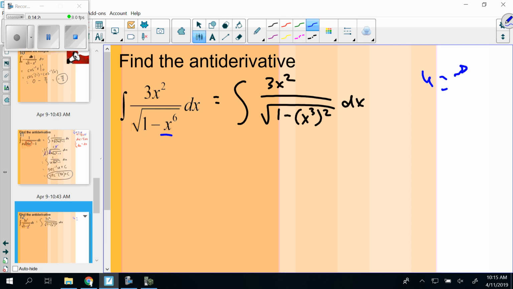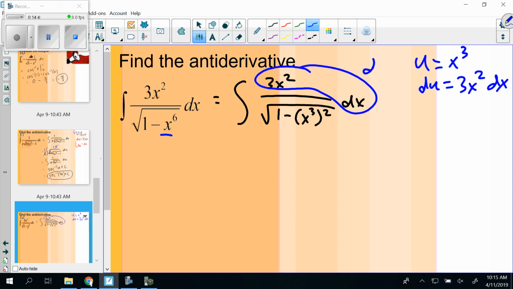We're going to put u equal to x cubed, which means if we take the derivative here, it's going to be 3x squared. So we can see this 3x squared dx is going to turn into our du.